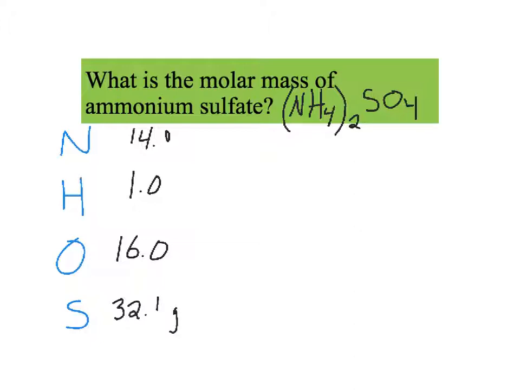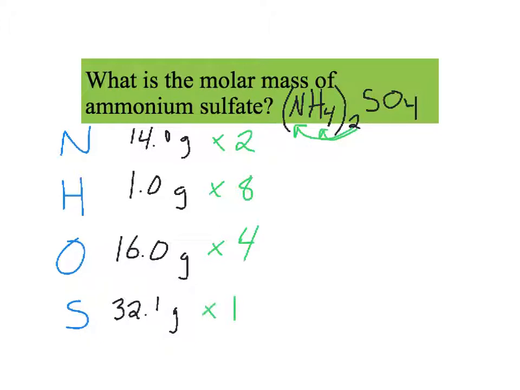And these are all grams here. Now I have to count up how many there are. The 2 distributes to the nitrogen, so there are 2 of them. The 2 distributes to the hydrogen. 2 times 4 is going to be 8. We don't add them up. Oxygen, I have 4 of them over there. And then the sulfur is just 1.